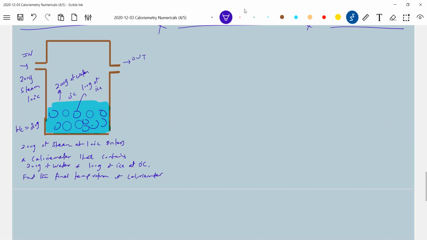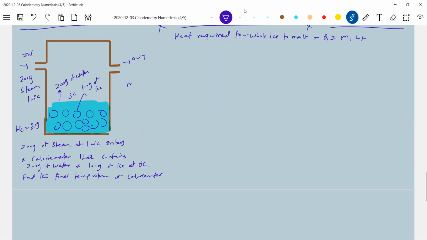So first, heat required for all ice to melt. Q1 equal to m1 Lf.